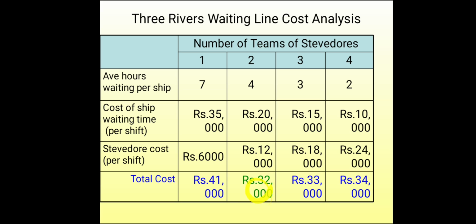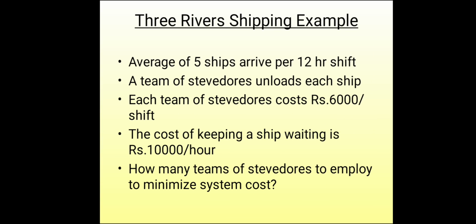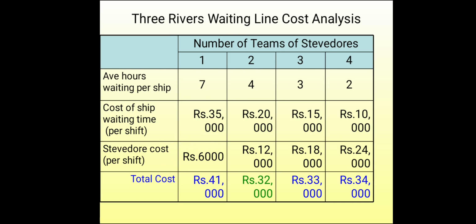So this is a minimum cost required. So you can choose 2 stewards and 4 hours waiting per ship. Okay, in this way you can solve this queuing problem by minimizing cost. Here there is a printing mistake. Here you have to consider 5,000 per hour cost of keeping ship waiting.